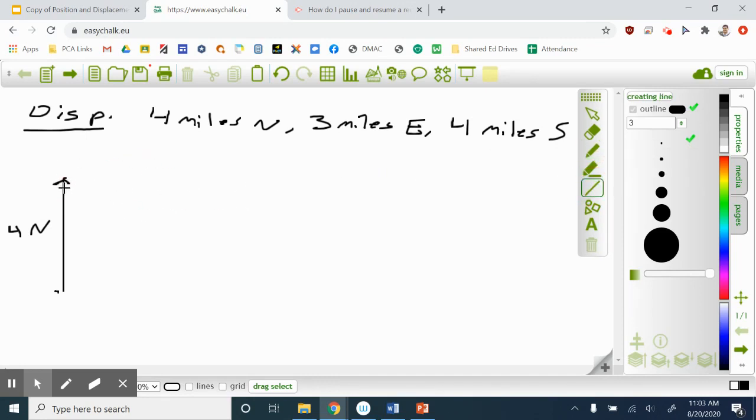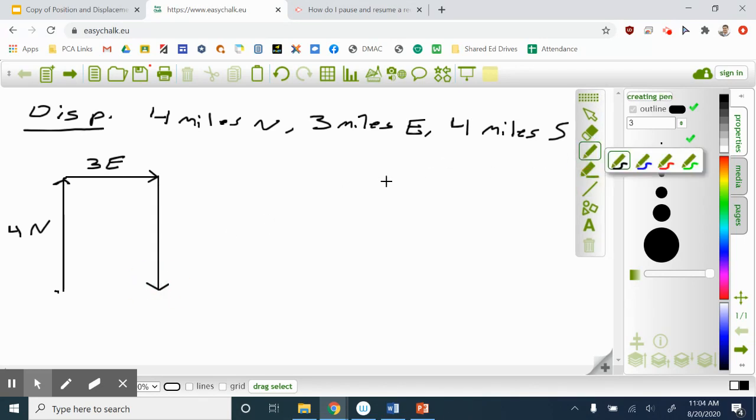Next, we went 3 miles east. So naturally, I would make a little smaller arrow and then label it 3 miles east. Then I turned and went south 4 miles.